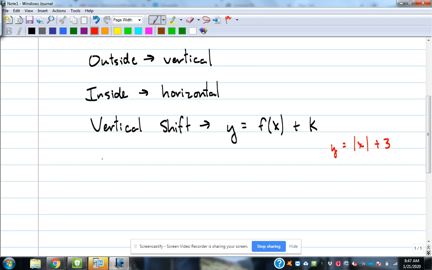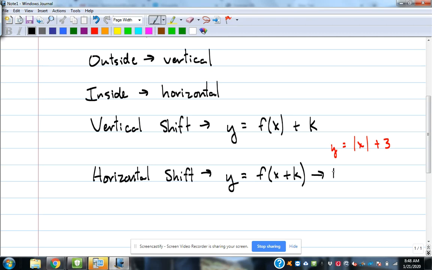All right. And then a horizontal shift is going to move it left or right. Instead of adding or subtracting k on the outside, if you add something on the inside, that's going to move left. If you subtract something on the inside, that's going to move right.